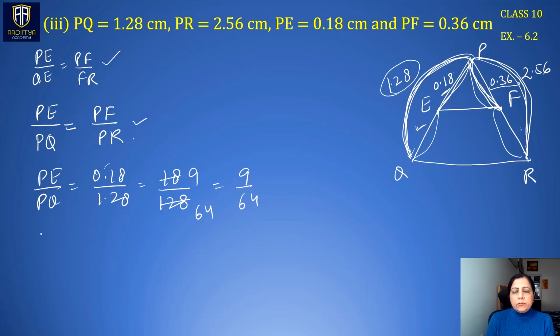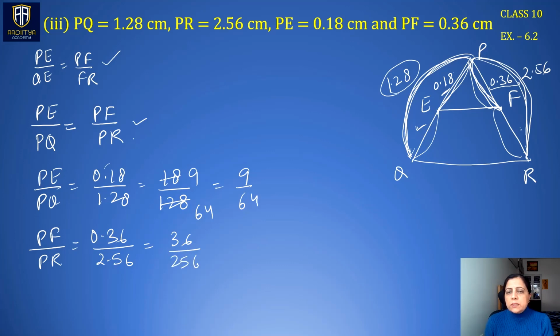Then we have PF upon PR. PF is 0.36, PR is 2.56. So multiplying both by 100, we have 36 upon 256. Now divide this by 4. 4 9s are 36, 4 64s are 256. It is also 9 by 64.